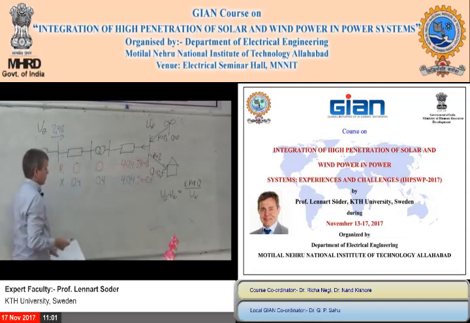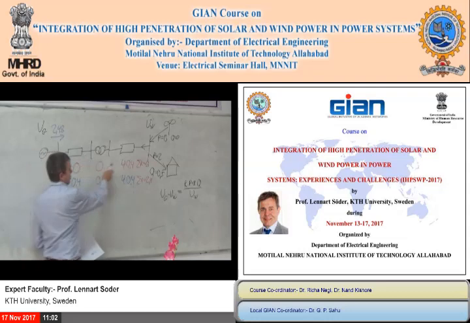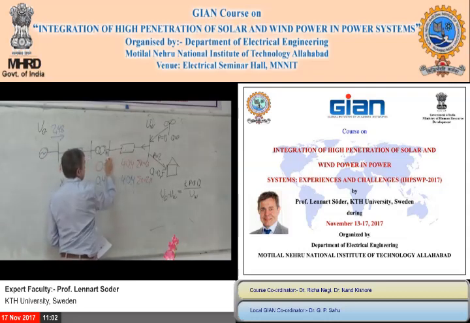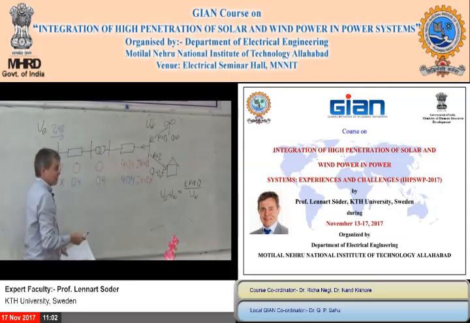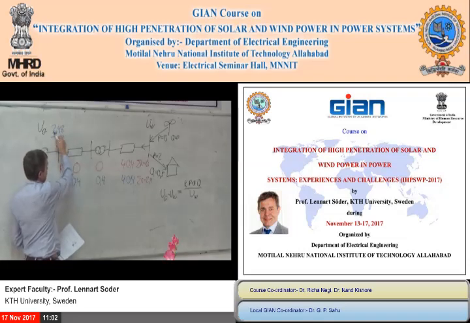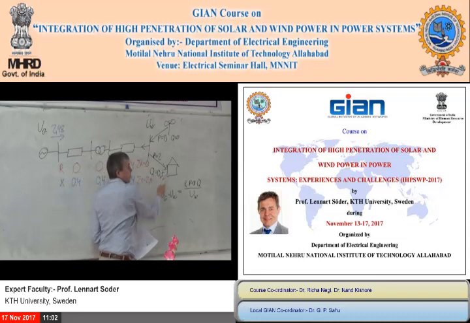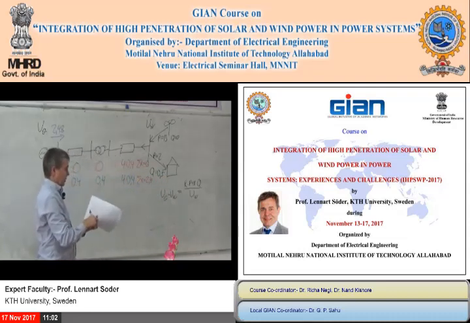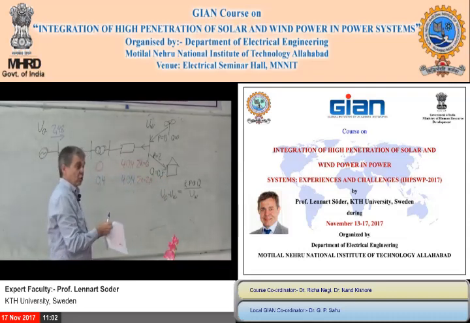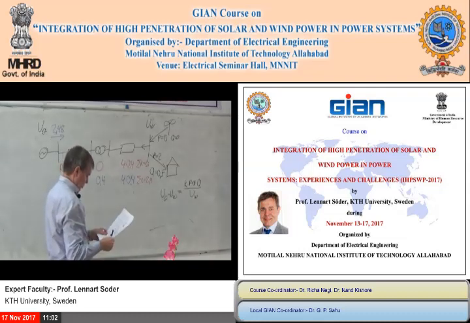And the reason is, of course, that you have an X here, which is creating reactive losses, and you have an X here, creating losses, and an X here, and they are creating losses. So what is sent in here is consumed here, here, here, and here. That's why this one becomes bigger. And these kinds of reactive internal losses that you have in the system are, of course, important when you are discussing voltage control.